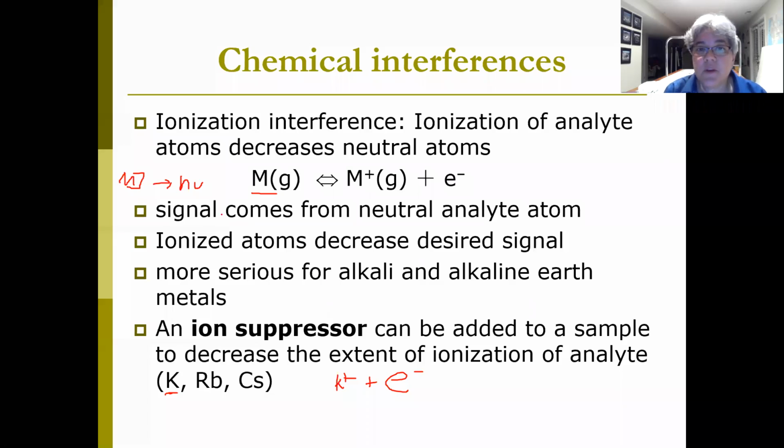Now my sample, sodium, I need this as Na. Well, these lots and lots of electrons from the potassium are going to take that equilibrium and shove it back this way so that the sodium stays as neutral sodium and not the ion. Okay, so for ionization interference, you use an ion suppressor.